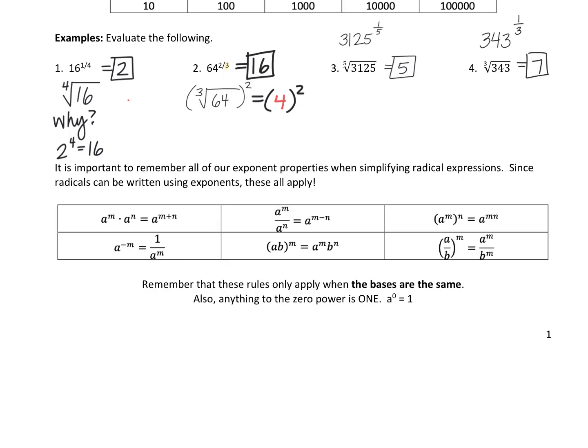Okay. Your exponent rules, you should know these. If we have multiplication of the same base, what do you do with your exponents? You add, right? If you have division, you subtract. And then the last one we talked about yesterday is, well, kind of the last one. When you have power to a power, you multiply.